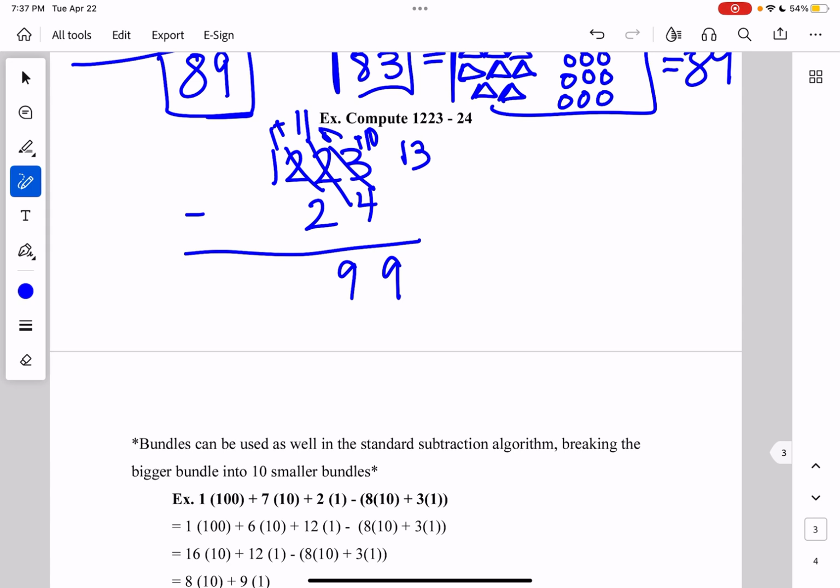And then there's no numbers here, so just remember those could be zeros. So 1 minus 0 is 1, and 1 minus 0 is 1 again. And so you would get 1,199.